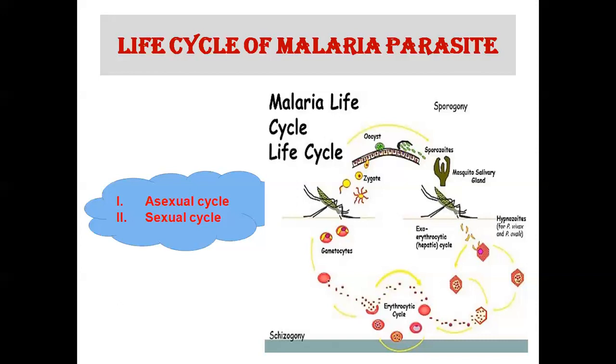The zygote develops into an ookinete, then oocysts, and then sporozoites. These sporozoites are introduced into the circulation when a mosquito bites a normal person. It's a cycle, a continuous process. You can easily understand what is exactly happening, and also from this picture.